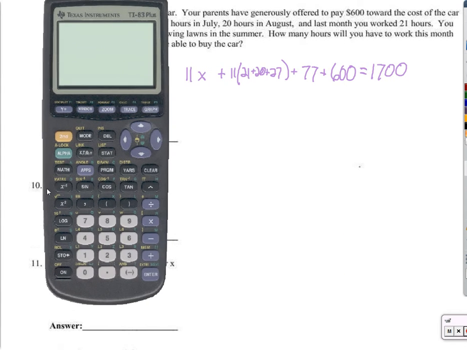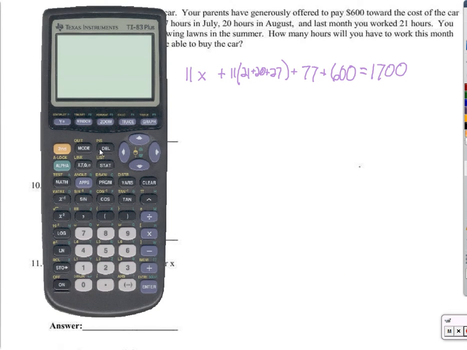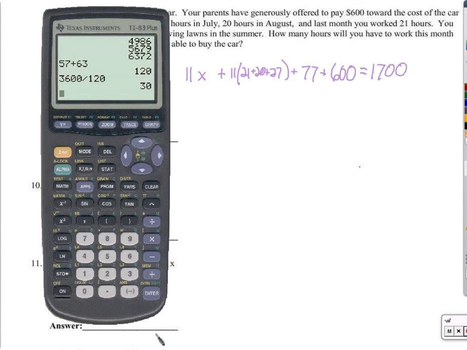So let's grab our calculator and see how much money we have so far. So 21 plus 20 plus 27, multiply that by 11, that's 748, so this is 748, plus 677, so we'll just say plus 677, so 1425.